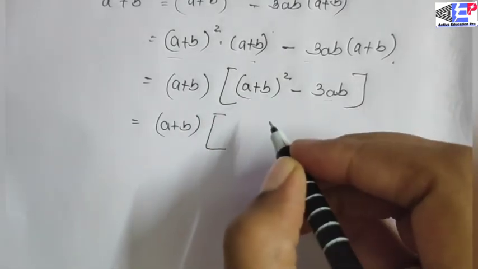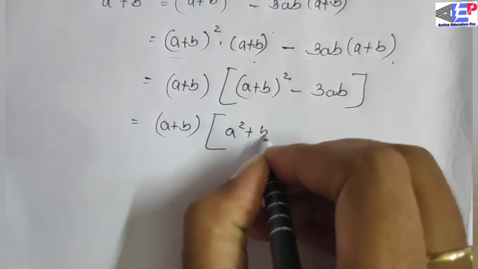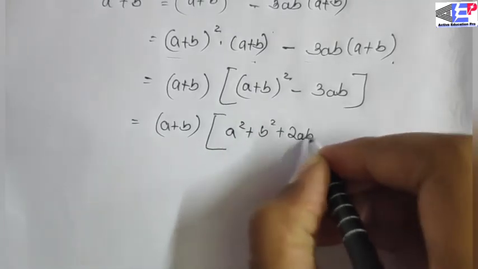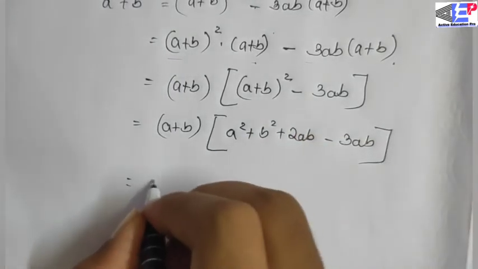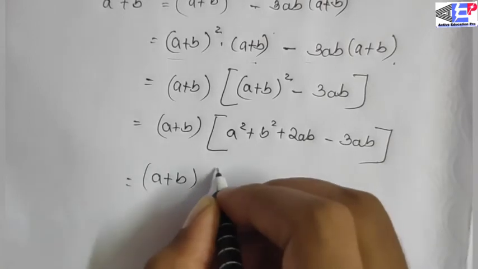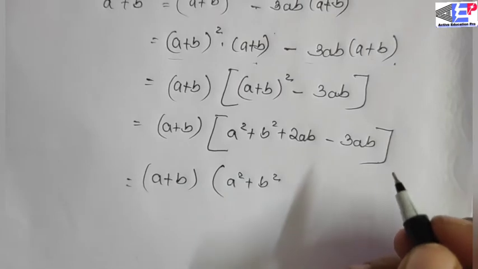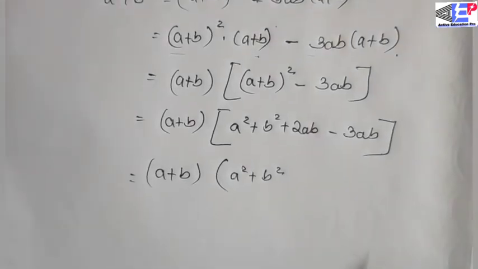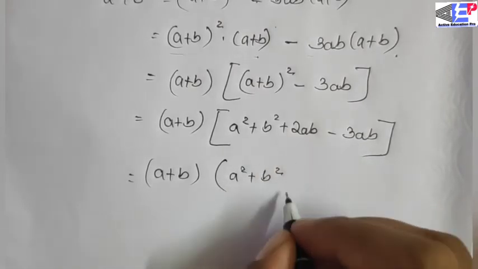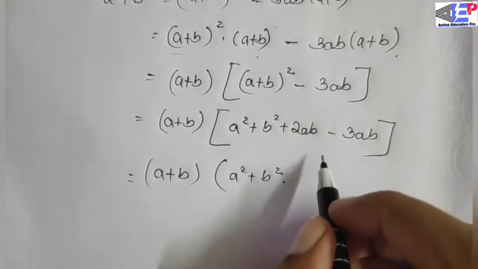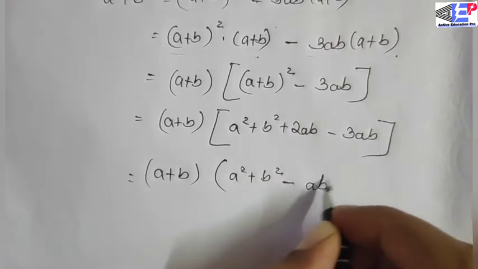Then write (a plus b) and solve it. (a plus b) whole square, we know the formula, is a square plus b square plus 2ab, and then minus 3ab. So (a plus b) into a square plus b square, because there are no like terms of a square and b square, but these two terms are like terms. By applying sign rules, it will become minus ab.